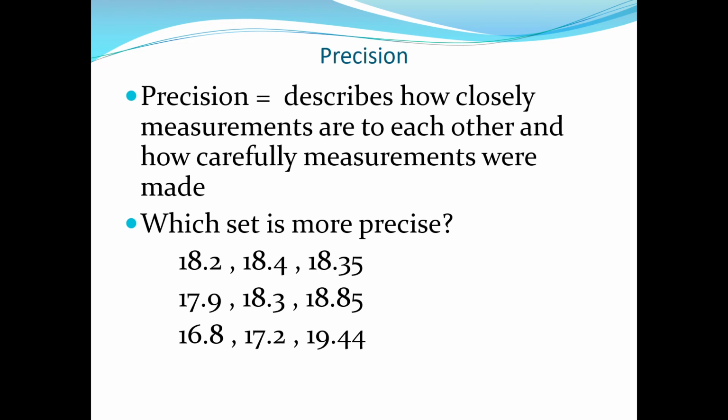It'd be the first one. So the smallest value is 18.2, largest value is 18.4, so there's a difference of 0.2. Other one has almost a full 1 point difference between the smallest and largest. The last one's even worse.